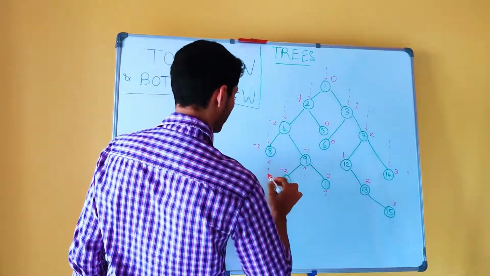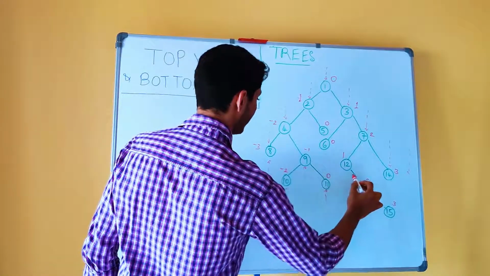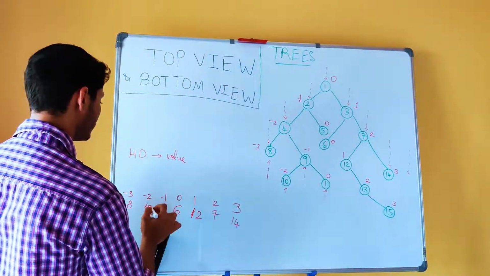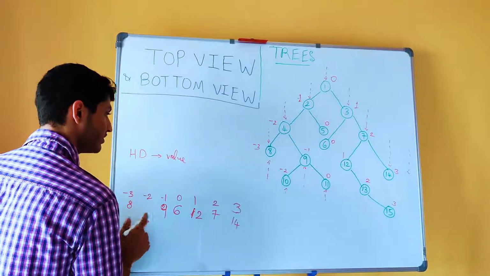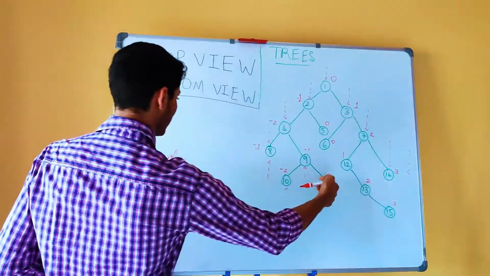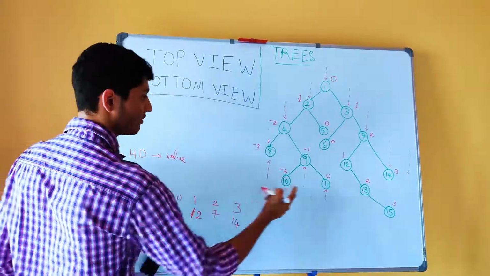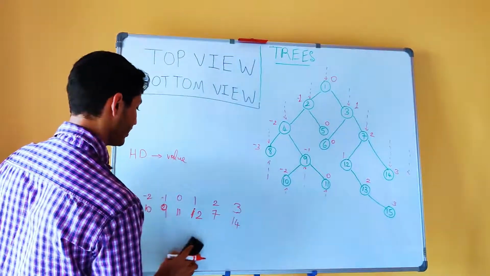Moving to the next level, what we have here are 10, 11, and 13. So for 10, horizontal distance was -2. We'll update it with 10. For 0, we'll update it with 11. For 2, we'll update it with 13.